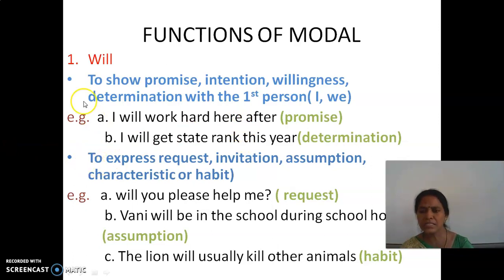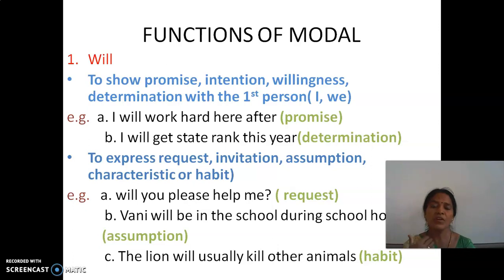Next point, the same will to express request, invitation, assumption, characteristic or a habit. Will you please help me? I told you, when we are using these modals, you will understand the mode of talking, the mood. Whether they are angry, happy, requesting, in what sort of mood the person is.